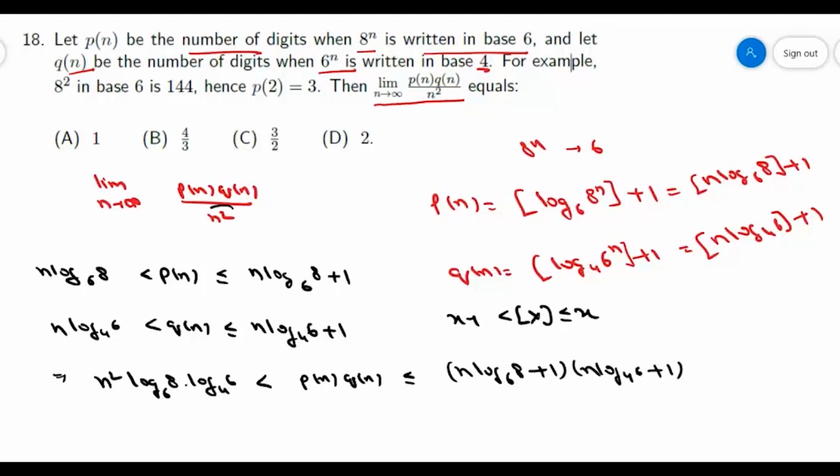So now I need to find this limit, so I need to divide it by n square. So I'll also divide it by n square, and I'll take this limit, n tends to infinity.